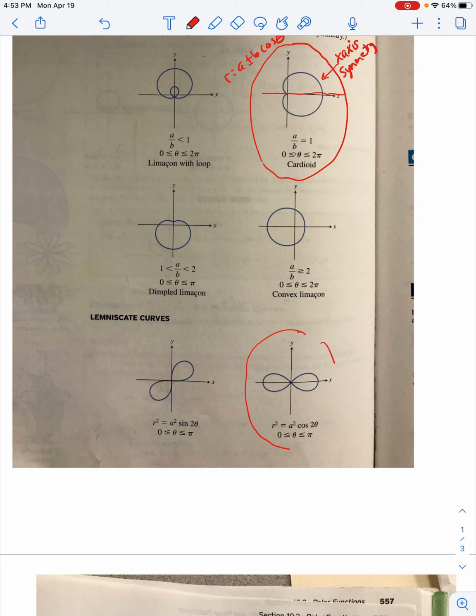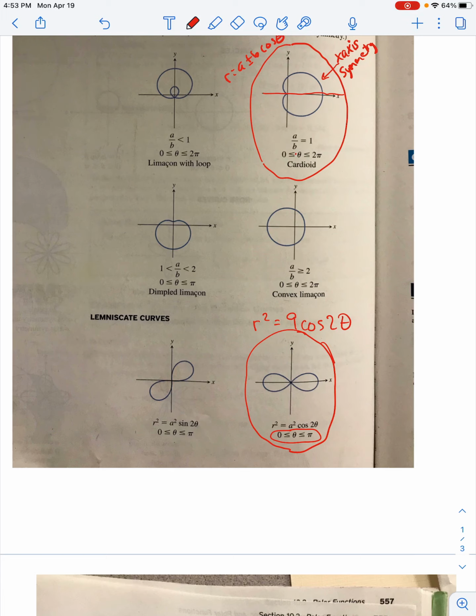I think it's in the first one. There it is. So we have this situation right here on that example number 3. The one we're looking at is r squared equals 9 cosine of 2 theta. So our a is 3, because a squared cosine of 2 theta.